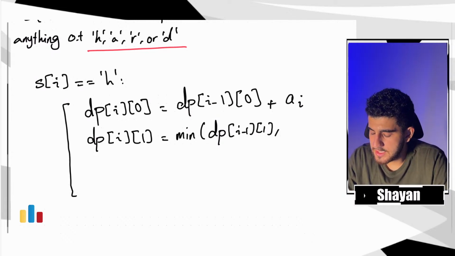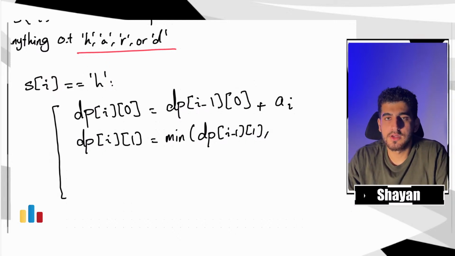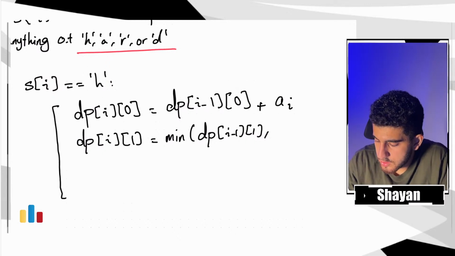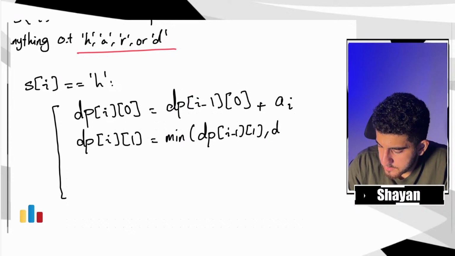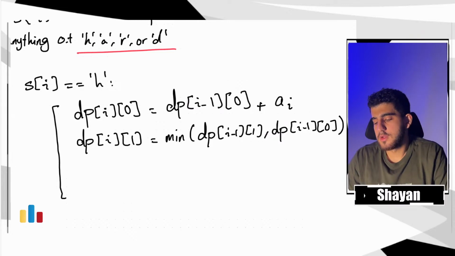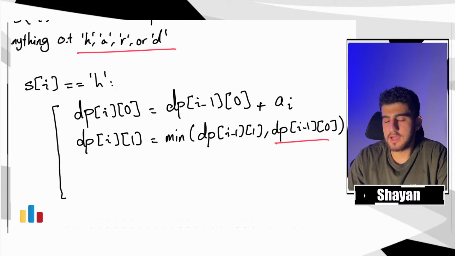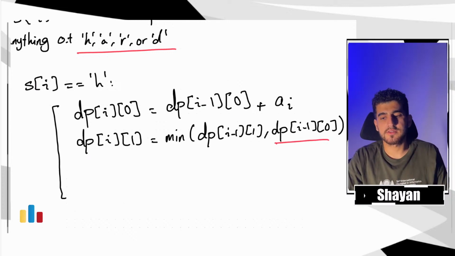So it is the minimum of dp of I minus 1 and 1, or dp of I minus 1 and 0. Because it is possible that we were at I minus 1 and 0 and we did not remove this character.